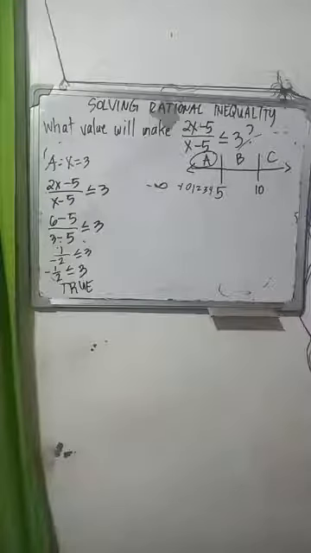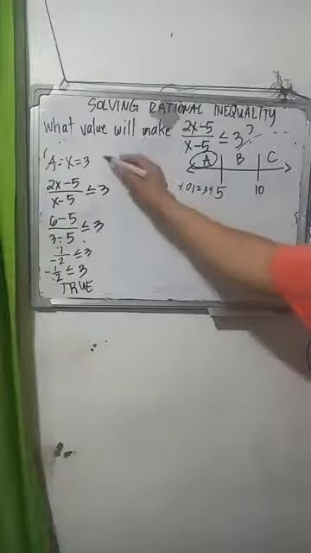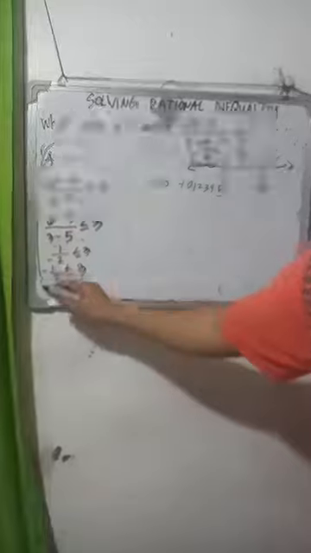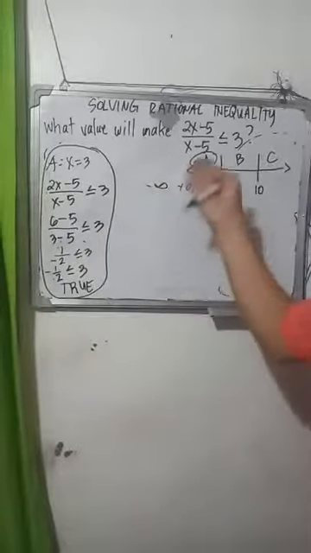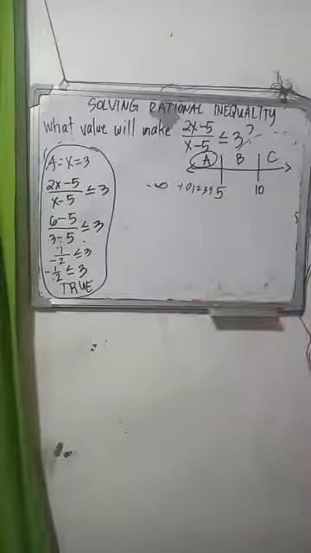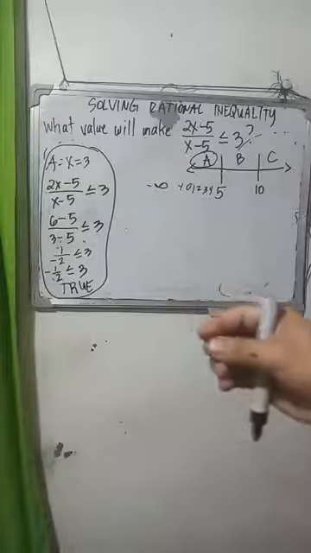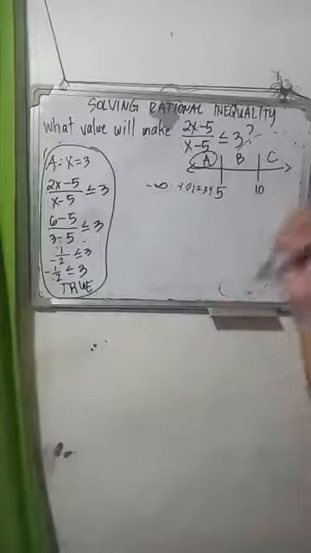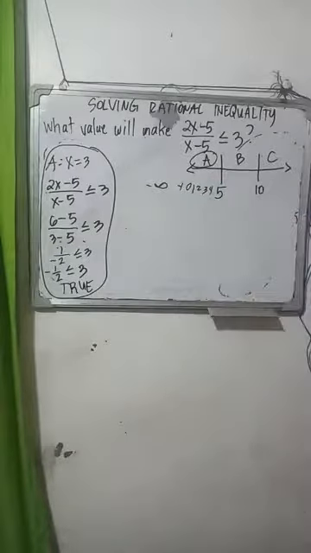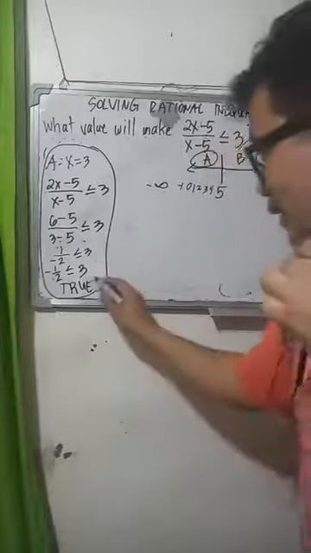So tandaan, interval A, it makes the inequality true. Any numbers sa interval A, it makes the inequality true. So lahat ng value sa interval A, that is the solution of our inequality because it makes the inequality true.